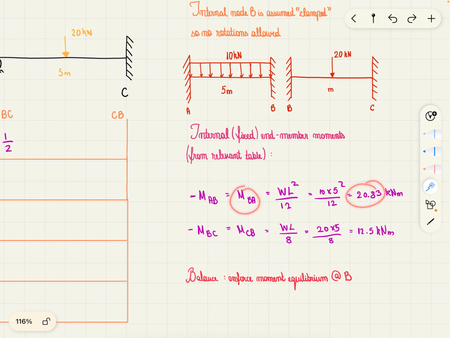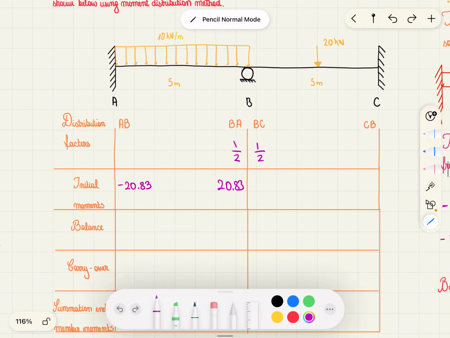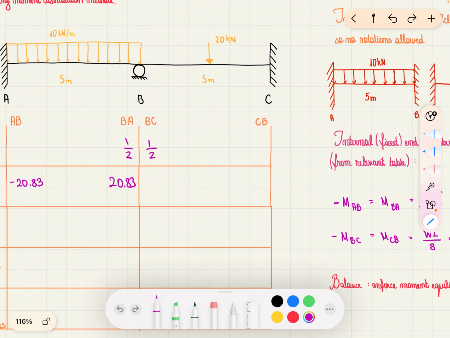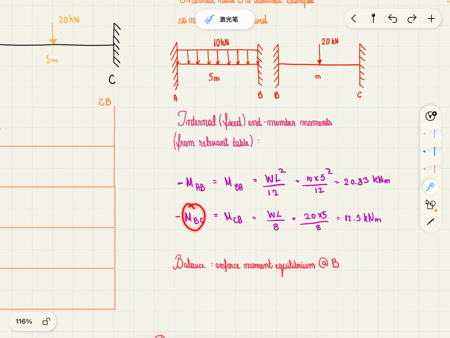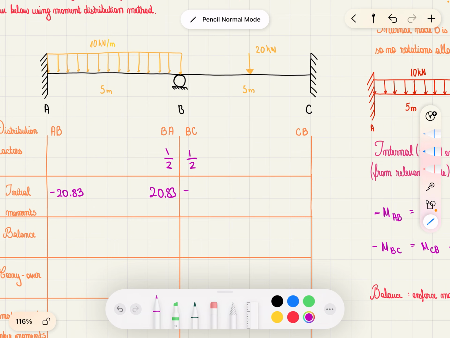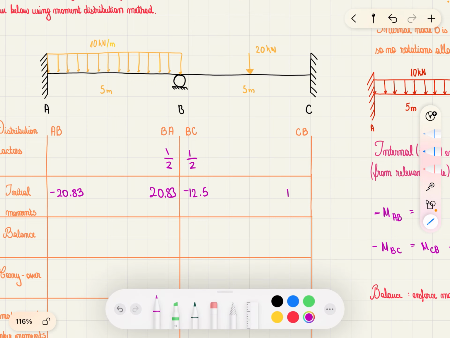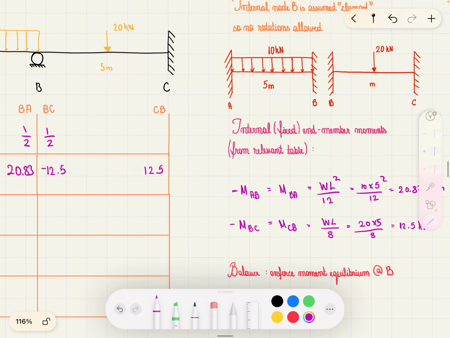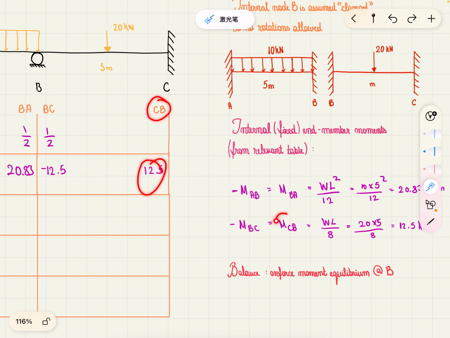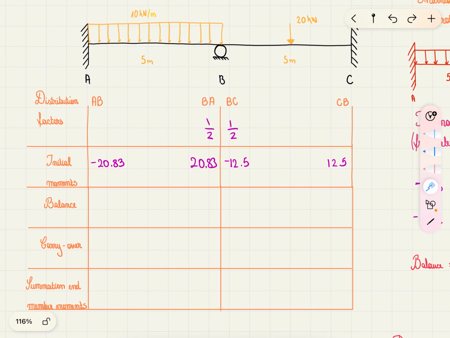Now, MBC is going to be negative 12.5. And MBC is equal and opposite to MCB, so MCB is 12.5. Let's check. Yes. Okay.